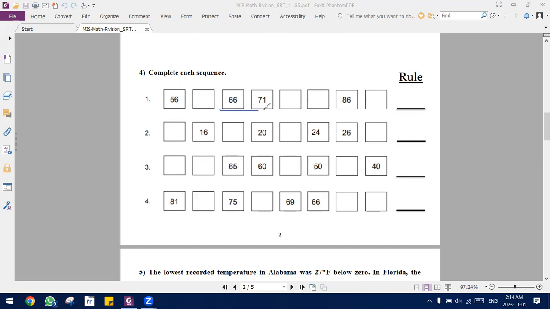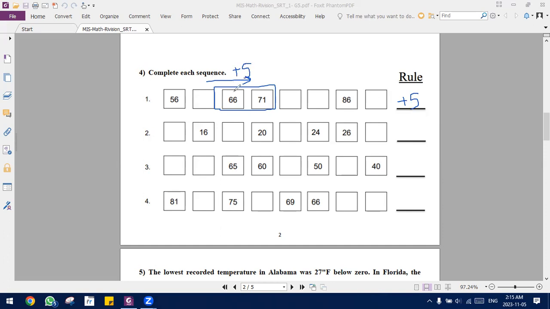So here I have 66 and 71. We read from left to right, okay? So let's try to find the rule. 66 becomes 71. What should I add for 66 to become 71? We should add 5. So the rule here basically is plus 5. If you are going from left to right, you are adding 5.